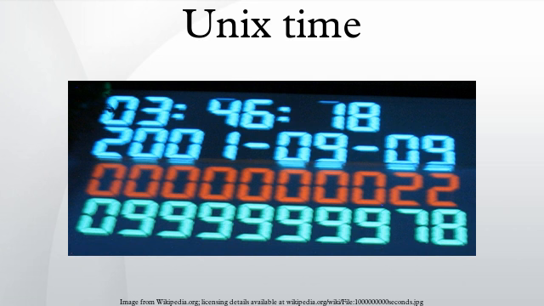Being 32 bits means that it covers a range of about 136 years in total. The minimum representable time is December 13, 1901, and the maximum representable time is January 19, 2038. The second after 03:14:07 UTC on January 19, 2038, this representation overflows.